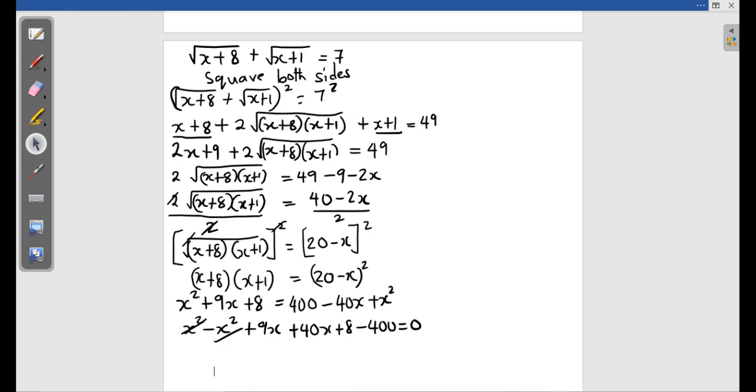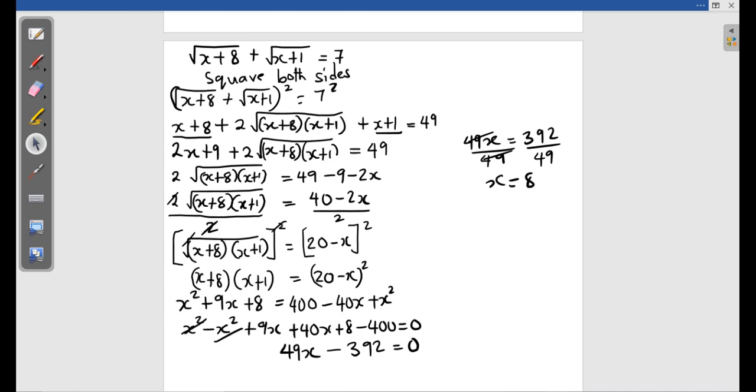So 9x plus 40x will give us 49x. 8 minus 400 will give us minus 392 equals to 0. So this means we'll have 49x is equal to 392, divided by 49, divided by 49, and our x will give us 8. Just to double check, 8.